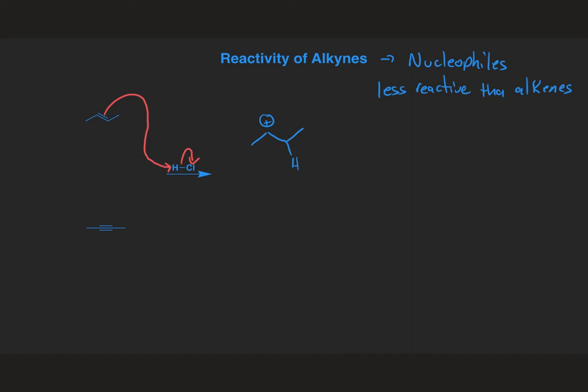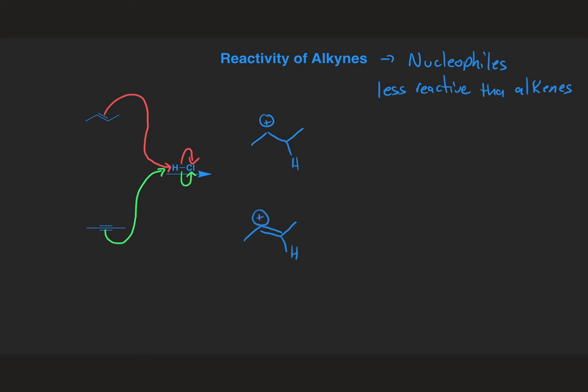If we look at the same rate determining step of the alkyne, I'm going to take these electrons and donate them to H and kick off that Cl. And that's going to form this intermediate here.